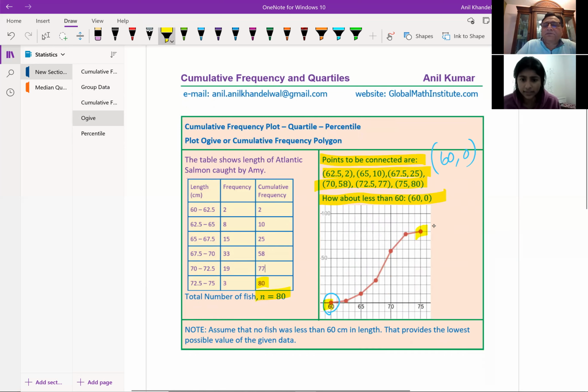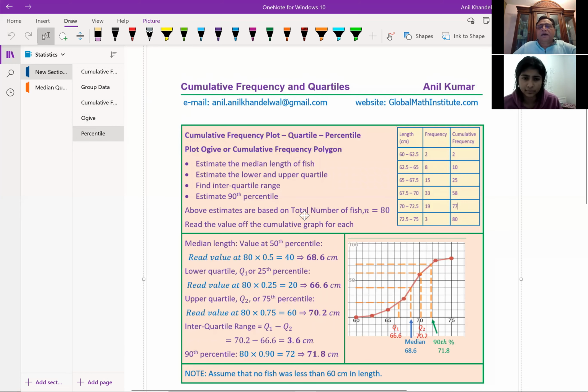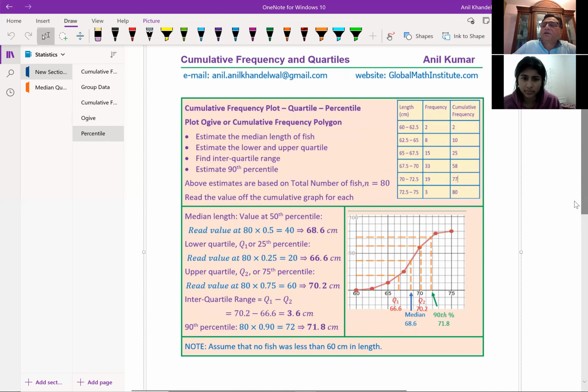This ogive or the cumulative graph is clear to you, right? We just plotted these points on the graph and then connected them with straight lines. All are straight lines, right? No curves. Linear distribution. All these 33 elements are linearly distributed in the interval 67.5 and 70. Now, let's go to the percentile definition and see how we work with percentile and ogive or cumulative frequency polygon.